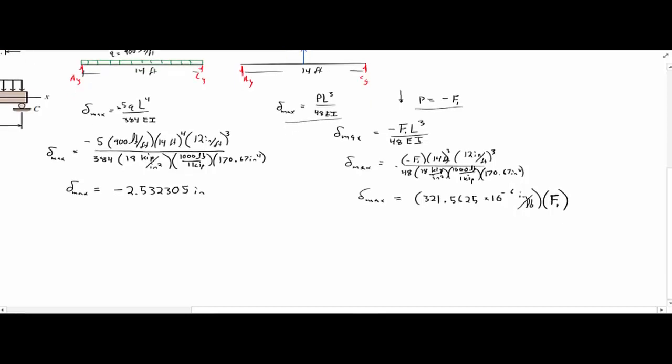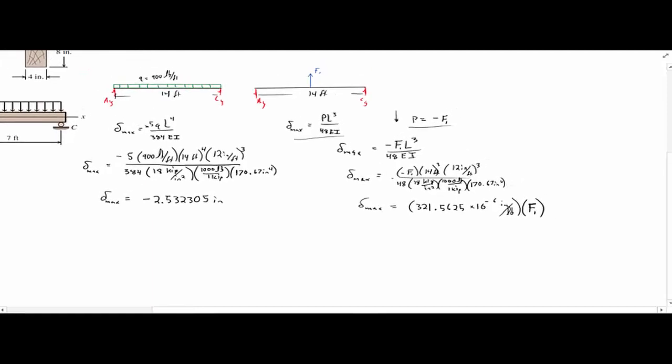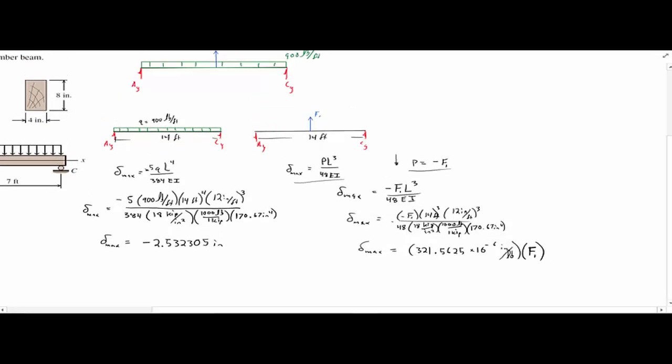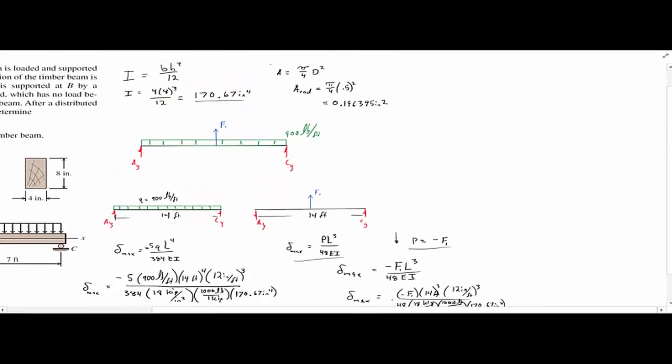So with this deflection, how do we solve now for F sub 1? Well, we have another relationship that we can use, going back to why at the very beginning of the problem I solved for the area of the steel rod. Using this area, going back a couple of chapters, we can determine that the deflection of a member is going to equal the force multiplied by the length divided by the area and the modulus of elasticity.